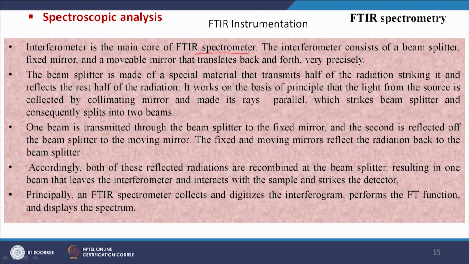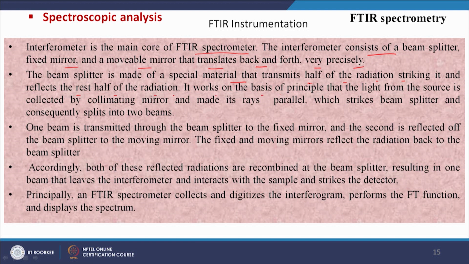The interferometer consists of a beam splitter, a fixed mirror and a movable mirror that translates back and forth very precisely, as we have just discussed. The beam splitter is made of a special material that transmits half of the radiation striking it and reflects the other half.